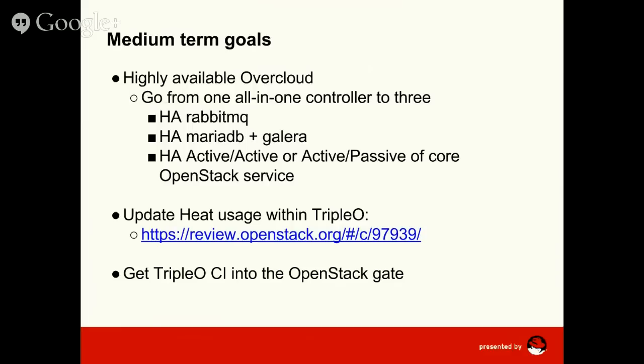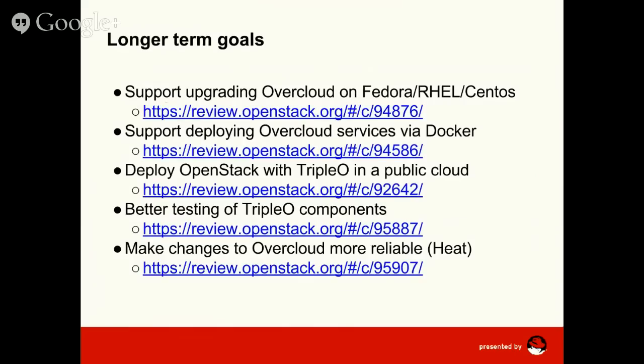I've also outlined here some of the longer term goals. We've got specifications started on a lot of these items that you can go and review in more detail. The first one is about supporting the ability to upgrade once you've got an Overcloud, your production cloud, deployed.